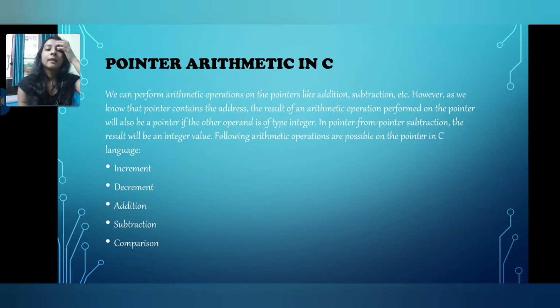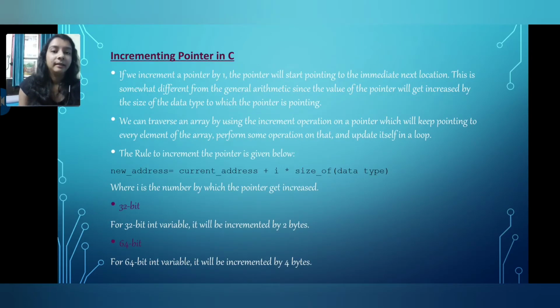Next, we see how these operations are implemented. For example, if we increment a pointer by 1, the pointer will start pointing to the immediate next location. This is somewhat different from general arithmetic, since the value of the pointer will get increased by the size of the data type to which the pointer is pointing.